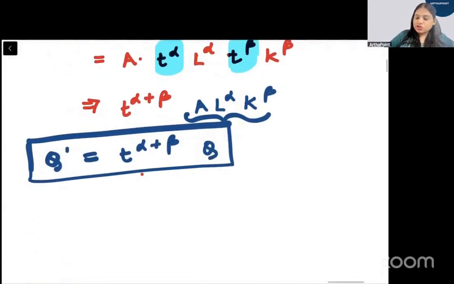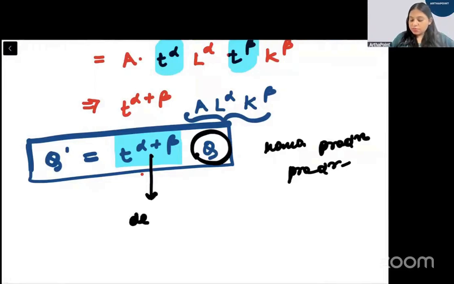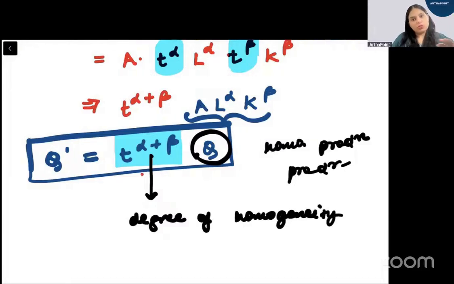So the production function has scaled by the factor T to the power alpha plus beta when we scaled labor and capital by T. This is a homogeneous production function because we can take the T out. Taking T out, we get back the original production function, so we can call it a homogeneous production function. And the power of T here, we call it the degree of homogeneity.